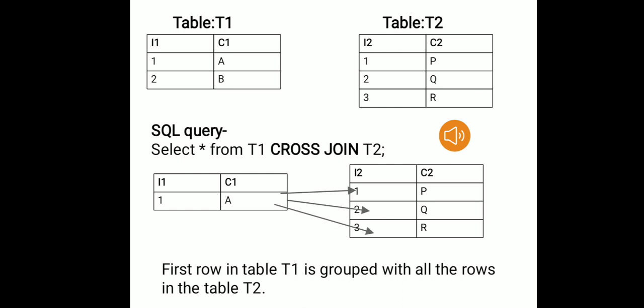This is shown by the pointed arrows in the figure. Hence, the output of this cross join gives 1A 1P, 1A 2Q and 1A 3R as the row entries for the columns I1, C1, I2 and C2 respectively.